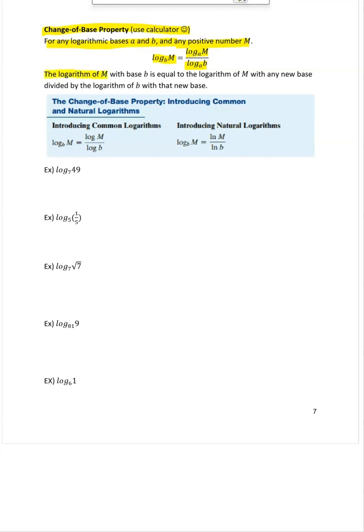So the logarithm of m with base b is equal to the logarithm of m of any new base divided by the logarithm of b of that new base. So here we go. It works for ln's or log. So if you have log b of m, you always take log of the argument over log of the base. Same thing with natural logs. You just take ln of the argument over ln of the base.